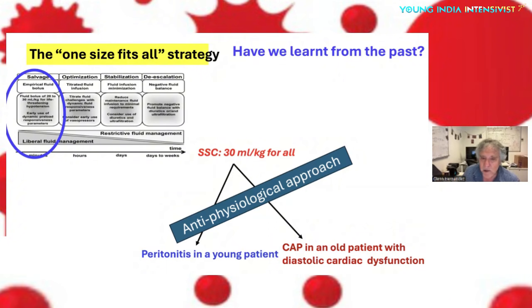If you give 30 mL per kilo to the young patient with peritonitis, you will probably be short. If you give 30 mL per kilo to an old patient with this condition, you maybe push this patient to the ventilator, induce pulmonary edema, etc. And this probably has happened in hundreds, maybe thousands of people around the world who follow this recommendation.